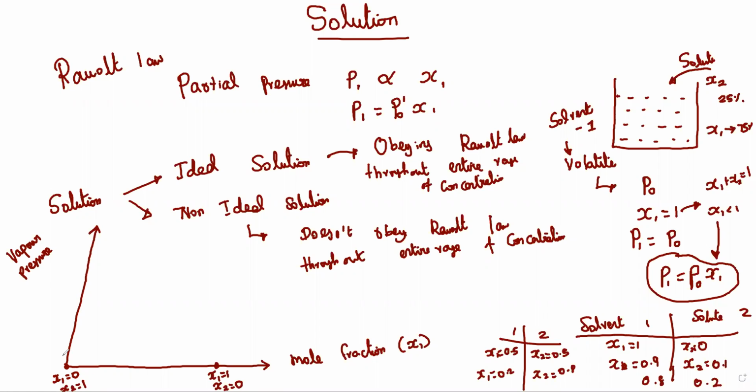So the entire pressure is because of the vapor pressure of second component only, P2 to the power of 0. When you have only second component, that is x1 is equal to 0, the pressure of the solution must be equal to the vapor pressure of second component. Is that clear?